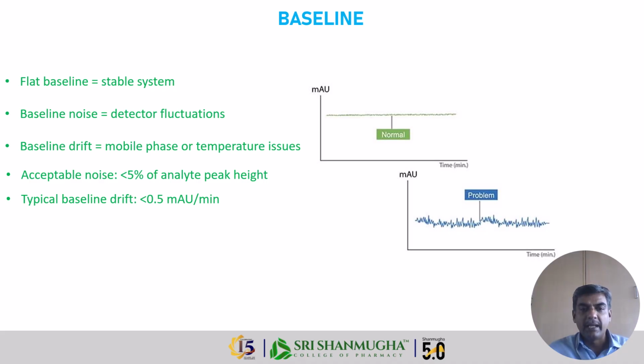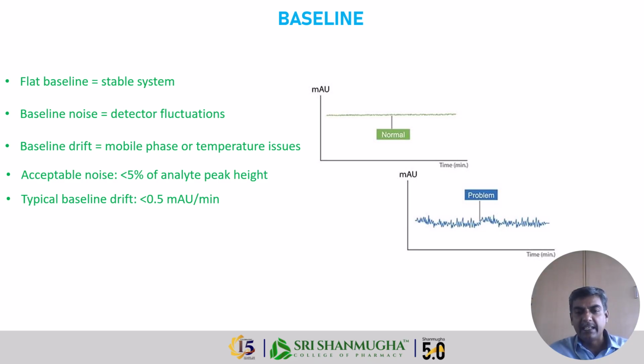What do we mean by baseline? The baseline is the signal trace along with the column through which our mobile phase is moving. It should be very stable and straight so that we can consider it as normal.